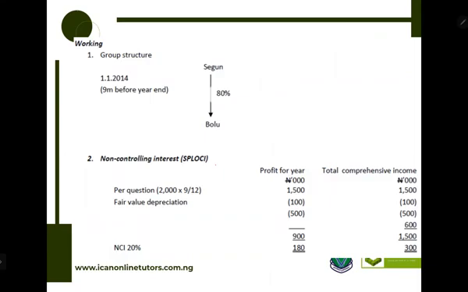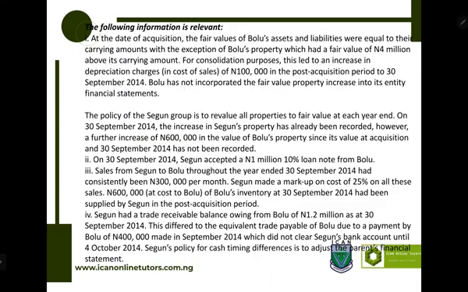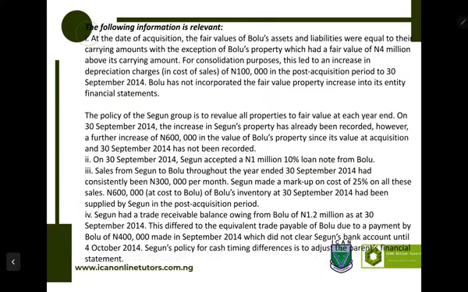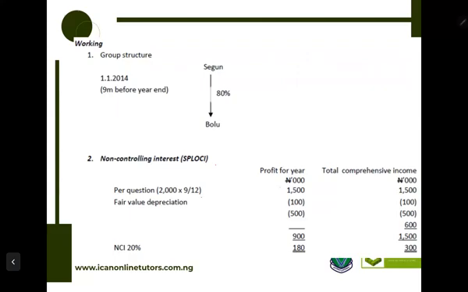That's why I'm multiplying by 9/12. In the question, the profit for the year for Bolu, 2,000, you multiply it by 9/12.